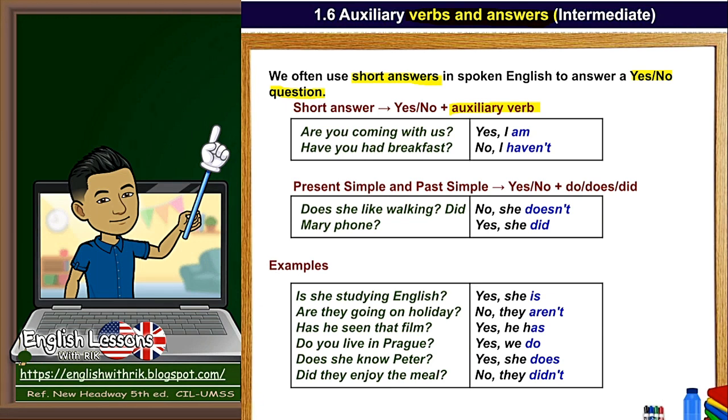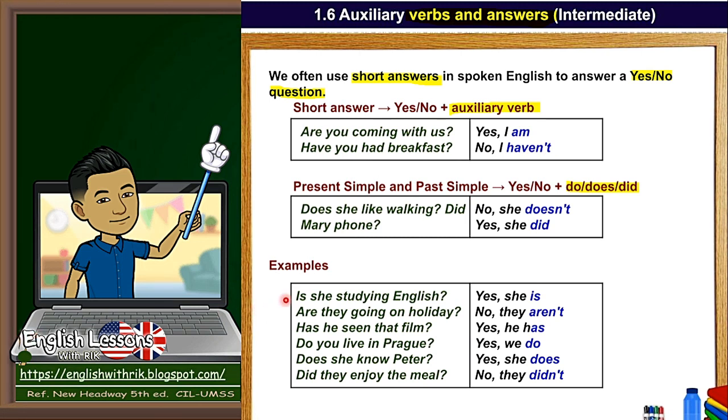Have you had breakfast? No, I haven't. In the present simple and past simple, we use a form of do or did. Does she like walking? No, she doesn't. Did Mary phone? Yes, she did.